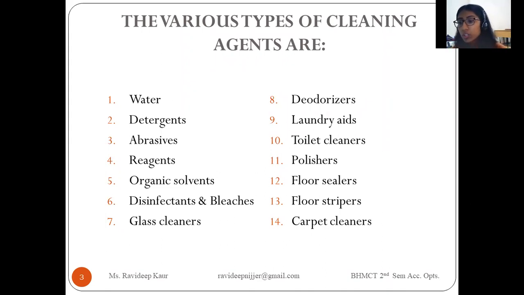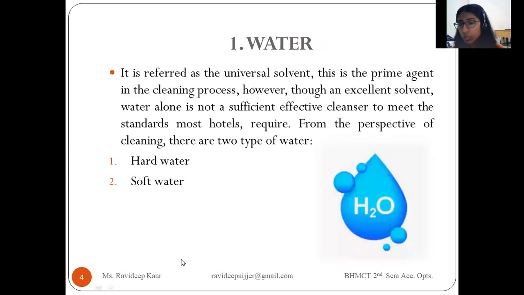We will study in detail about each cleaning agent and how each cleaning agent helps us in the cleaning process. So first one which we have here is water. Water is referred to as the universal solvent. This is the prime agent in the cleaning process.